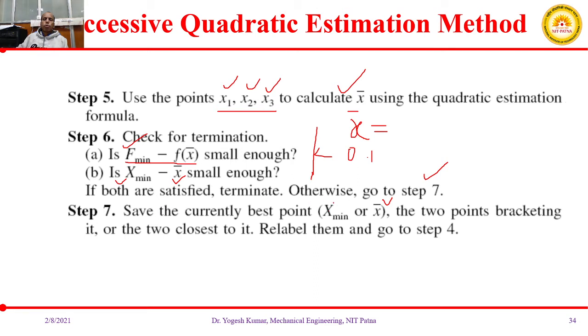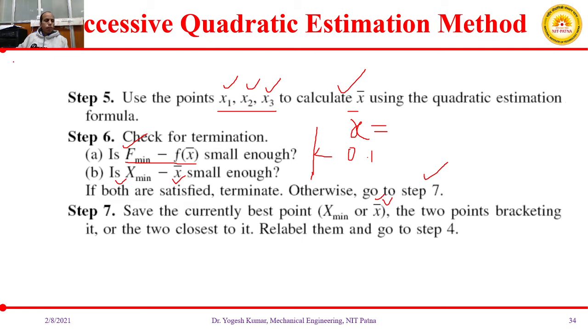Suppose out of x minima or x bar, x bar is less, then you will say that your optimum value of x is x bar, and the corresponding value of function is the optimum, or minimum, value of your given function.